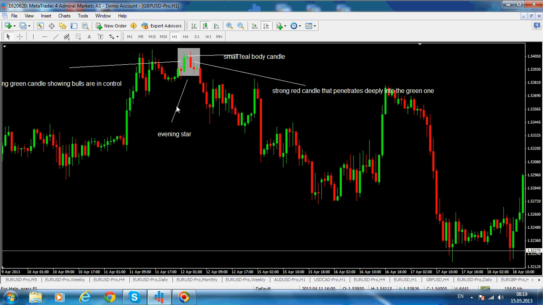So this is your pattern. This is being called evening star. It comes after a market advances. It signals a possible top. The shadows of these candles to the upside are, let's say, resistance for any move that bulls would want to initiate to the upside.